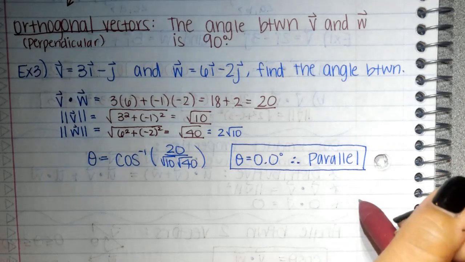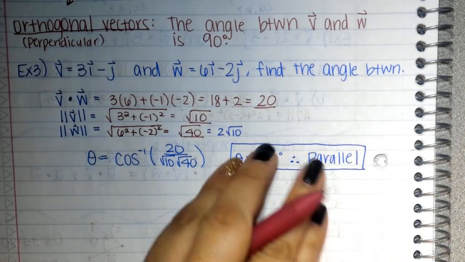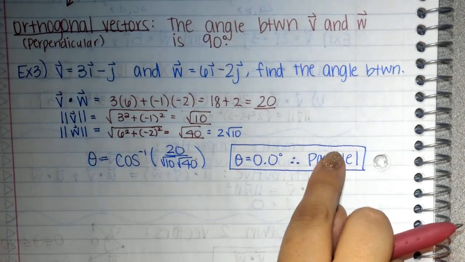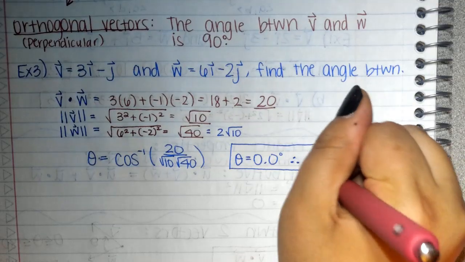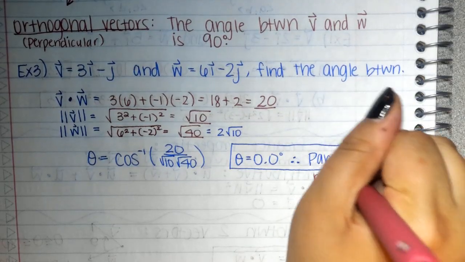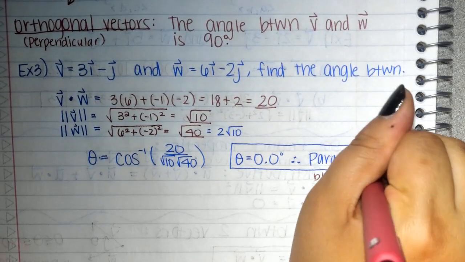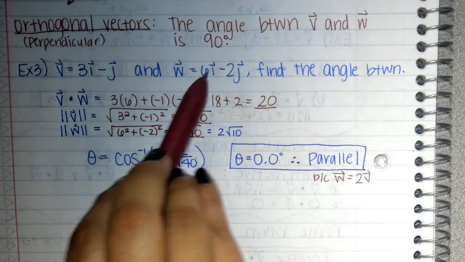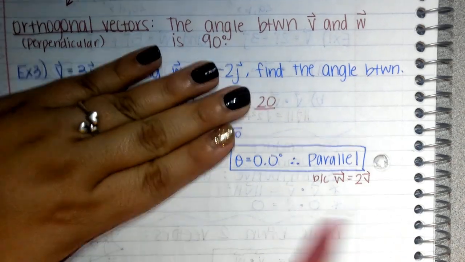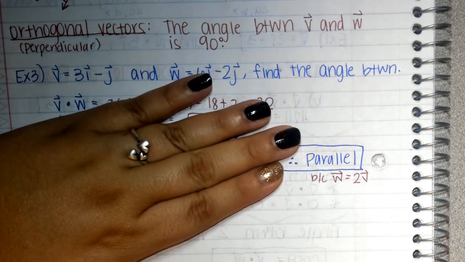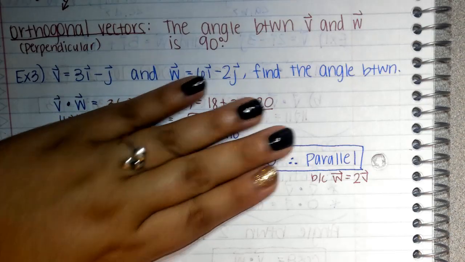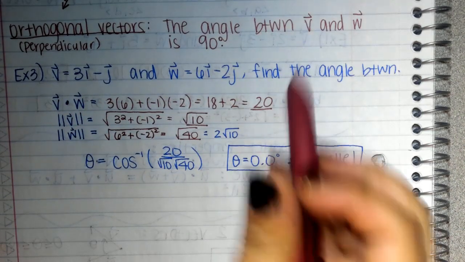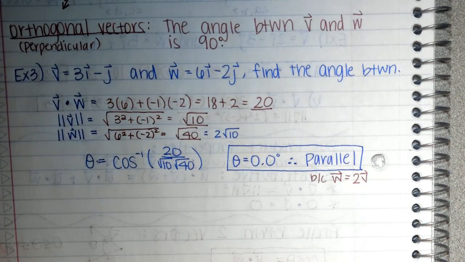So instead of doing all this work, you could say they're parallel because vector W is 2 times vector V. And that would work. So if you notice that they're proportional, you can skip all this and just say this. If you don't notice, well then you just get a little bit of extra work. It's not too bad.